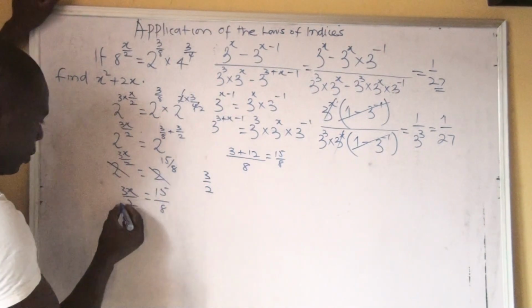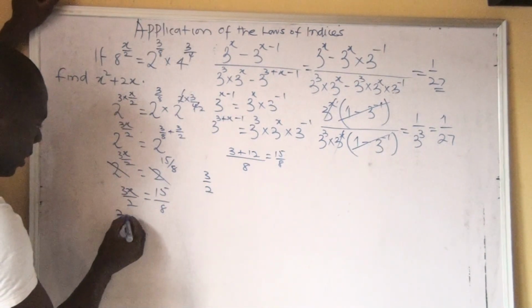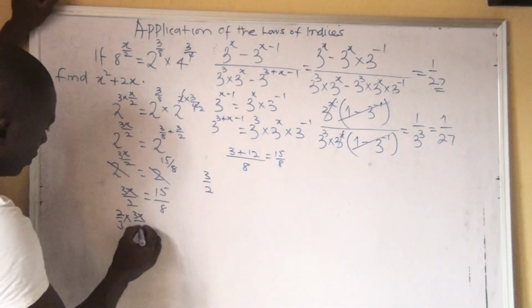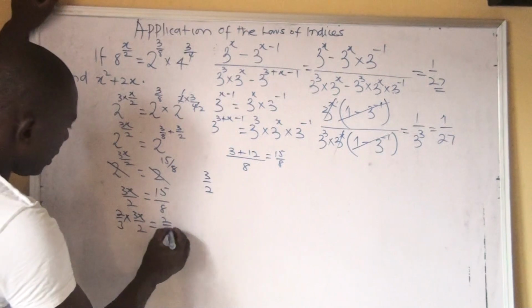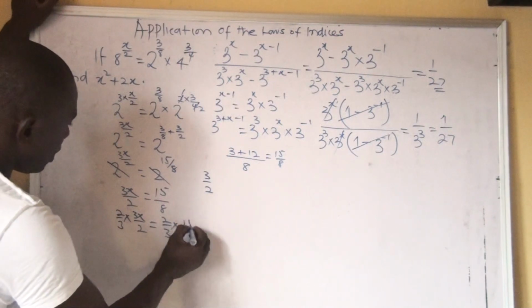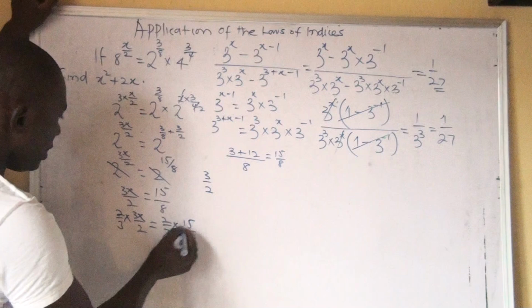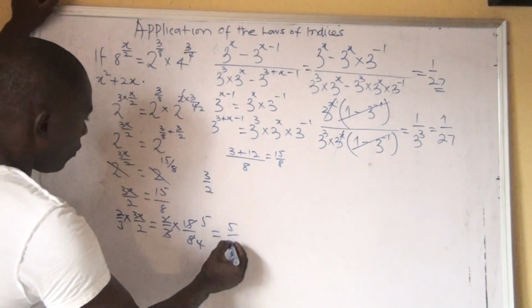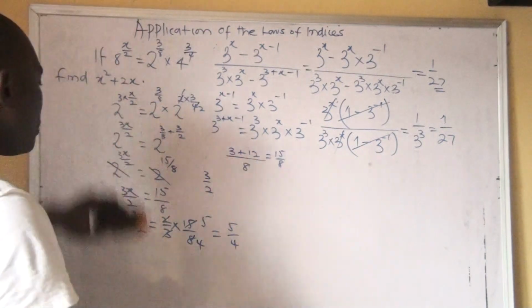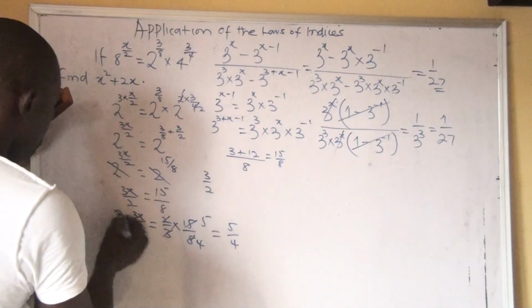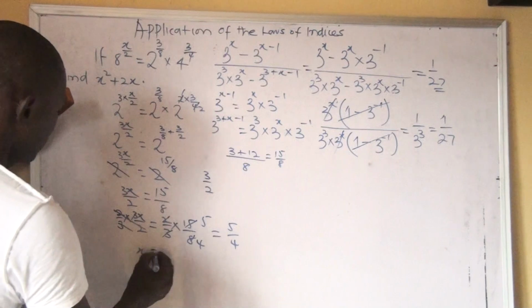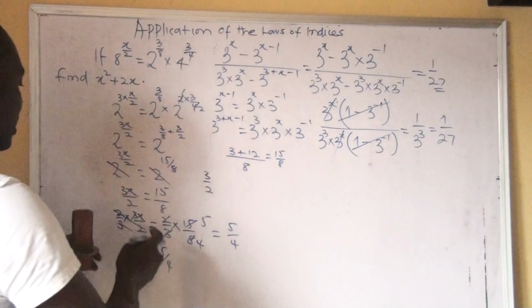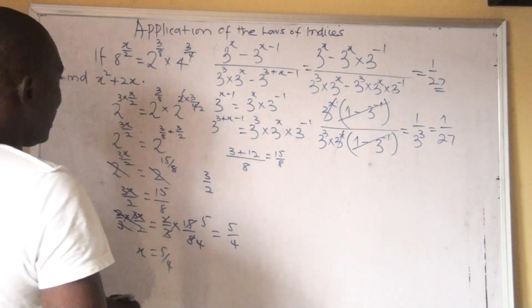So we multiply both sides by 2 over 3: 2 over 3 times 3x over 2 is equal to 2 over 3 times 15 over 8. This is 5, this is 4. So our answer will be 5 over 4. That is the value of x. Okay, so x is 5 over 4. And our question did not end there. We should find x squared plus 2x.